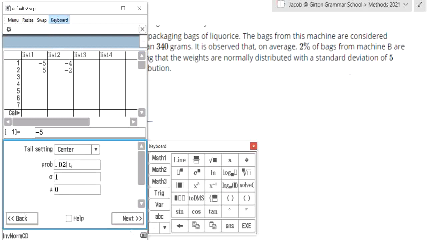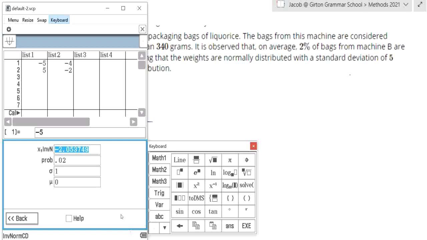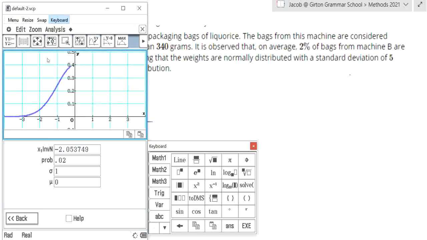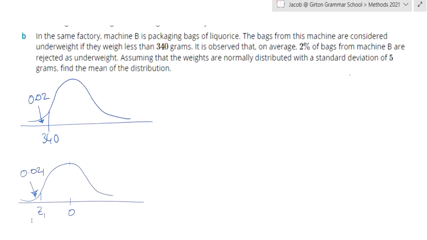Okay, so it's 0.02 and left tail, and so it's our Z score, and just graph that, make sure that we're on the right track. Yep, so that's the Z score there. So now we have the same formula as before, so Z equals X minus mean divided by standard deviation.